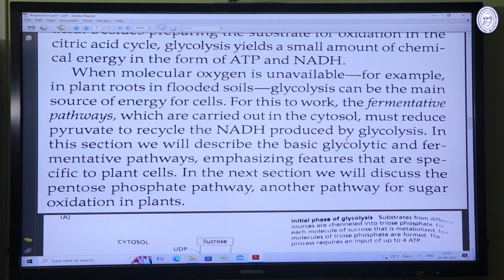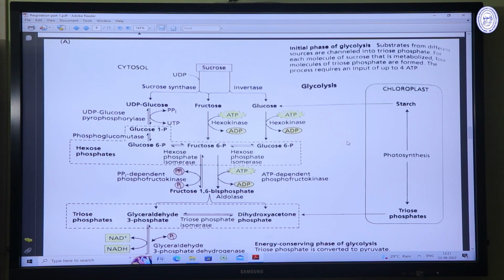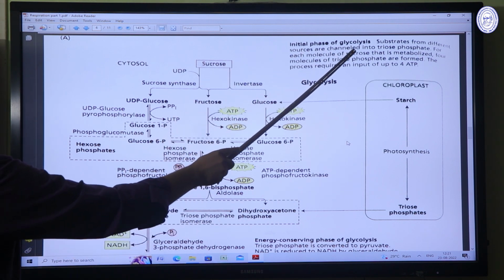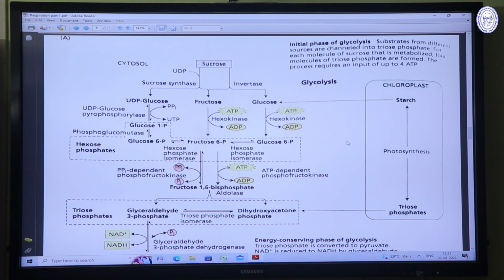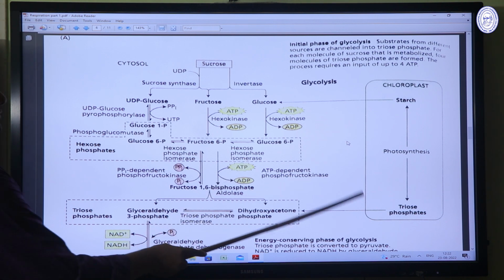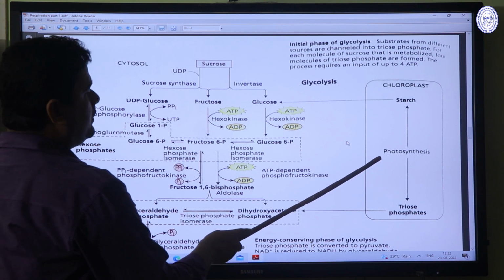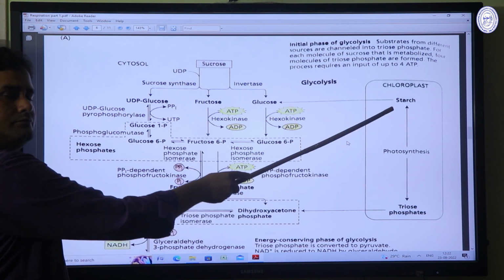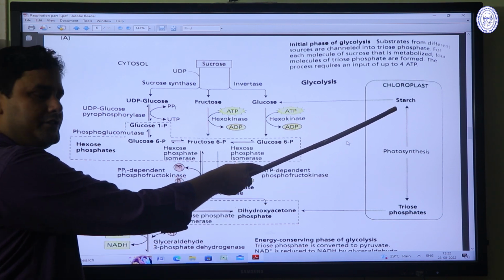Now come to the reactions of glycolysis. This is the first phase of glycolysis. And in this initial phase, what happened? Look at here. Through photosynthesis, starch will be stored in the chloroplast.